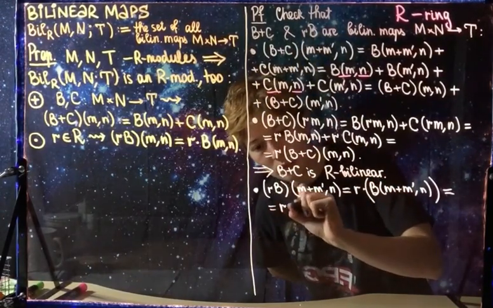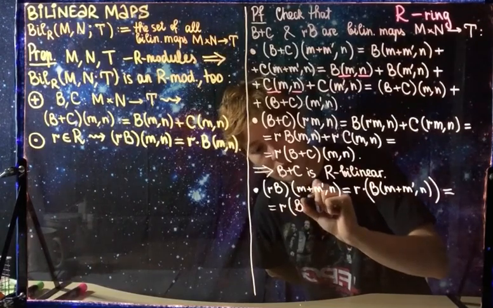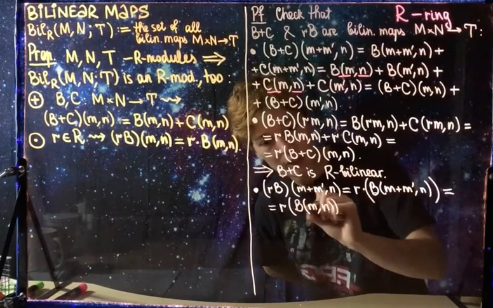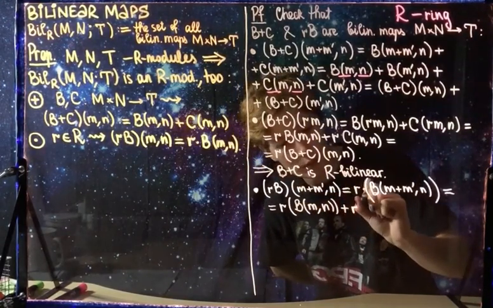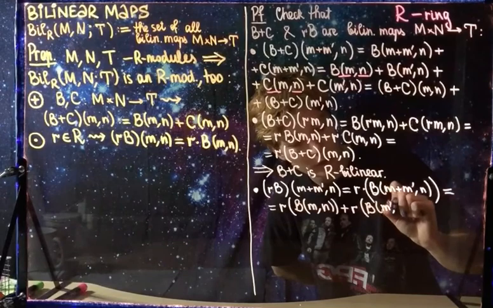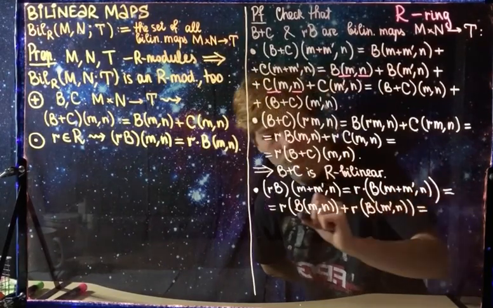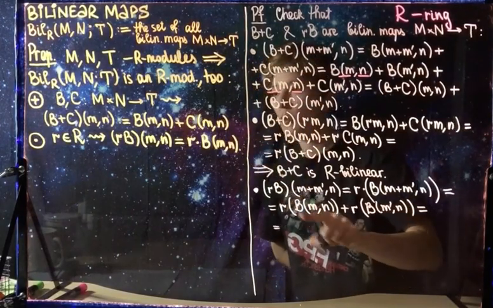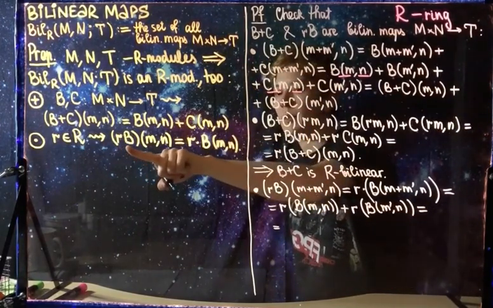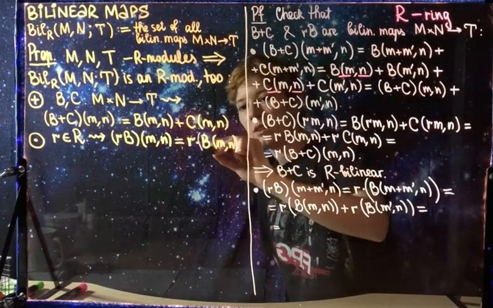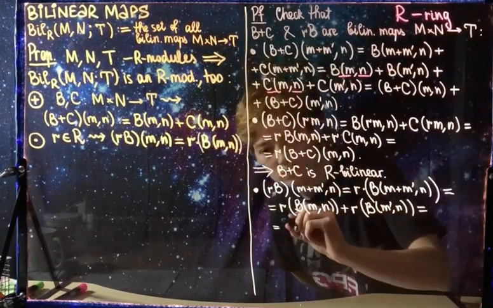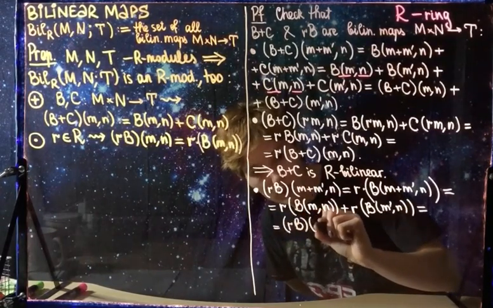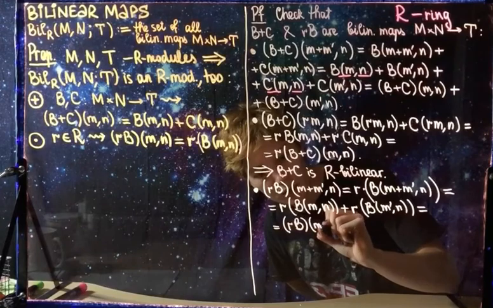And so I use distributivity again to write it immediately as r times B of m n plus r times B of m prime n. And using the definition of multiplying a bilinear form by a scalar, I get additivity in the first entry.